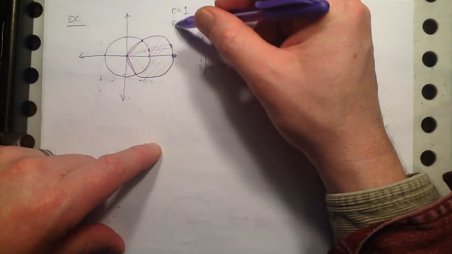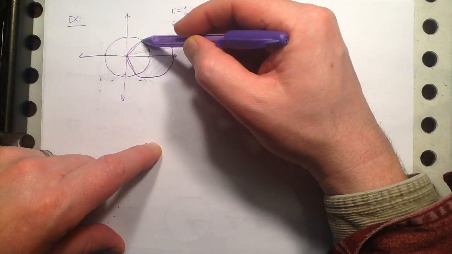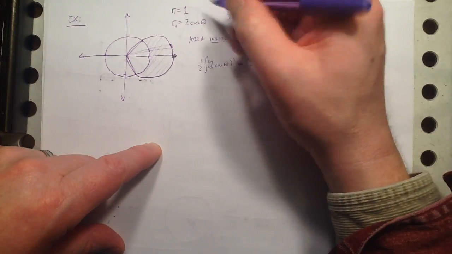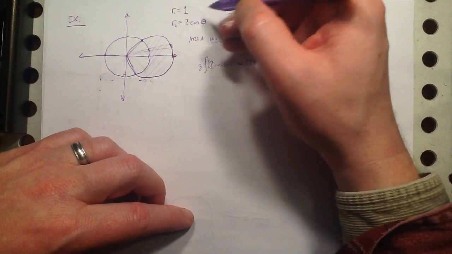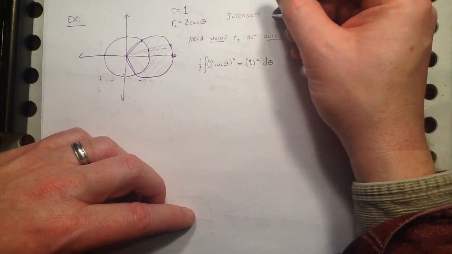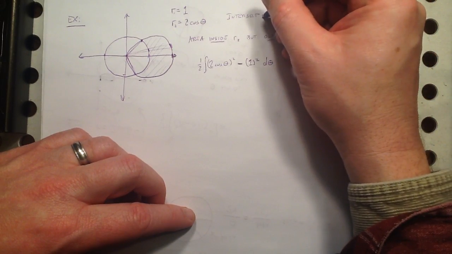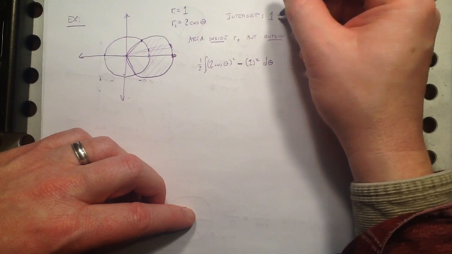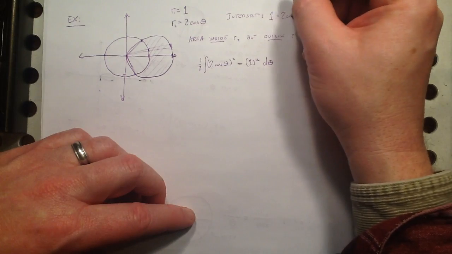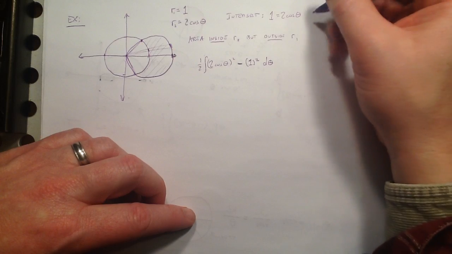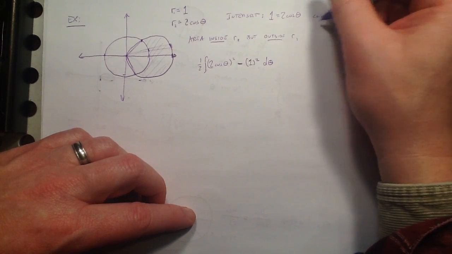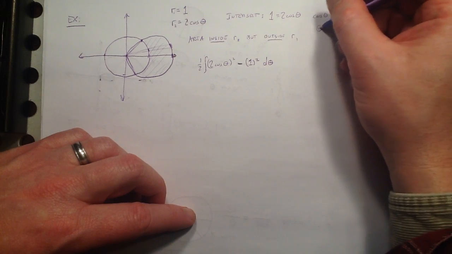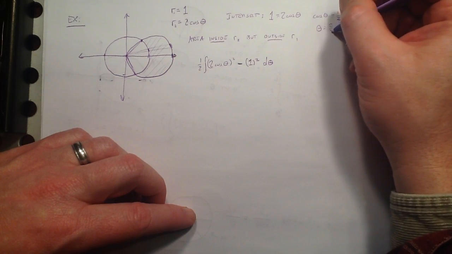They intersect when the r's and the thetas are equal. Just like to find the intersection between two curves, we set them equal to each other. So that means 1 would have to be equal to 2 cosine theta, or in other words, cosine theta is equal to 1/2, and that happens at theta equal to pi over 3.